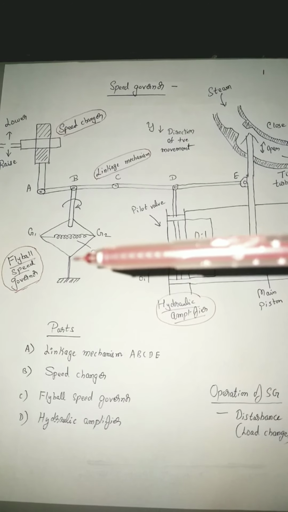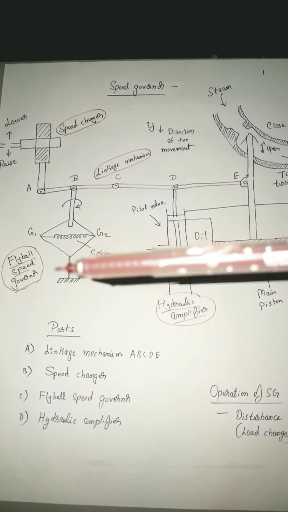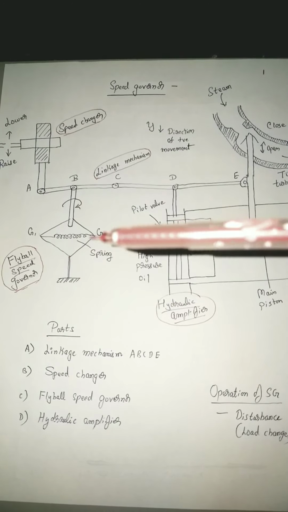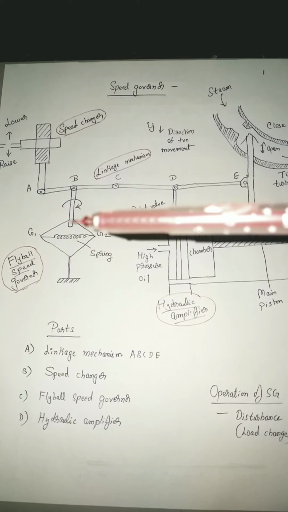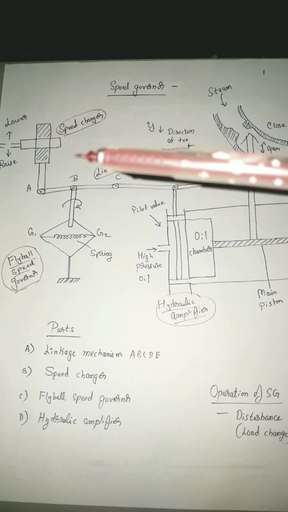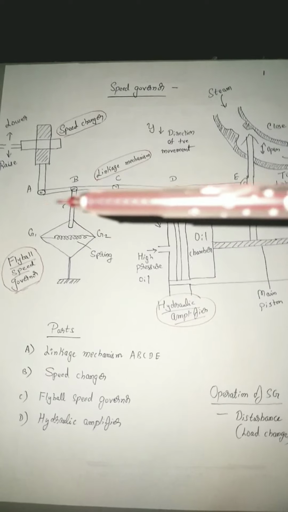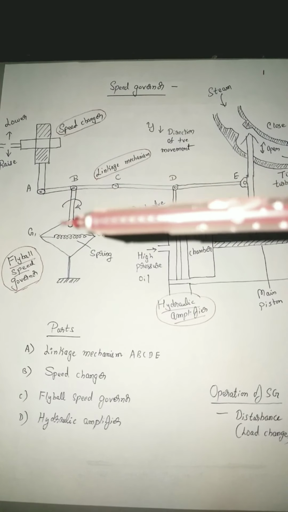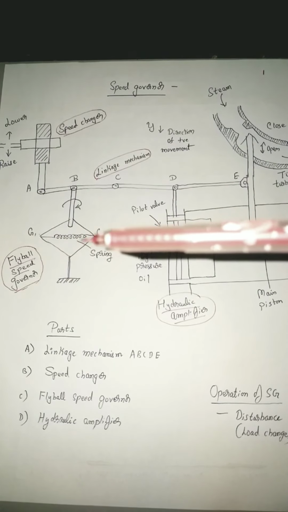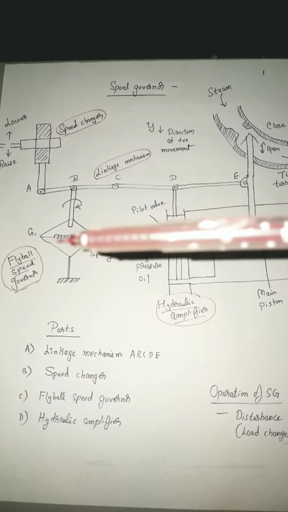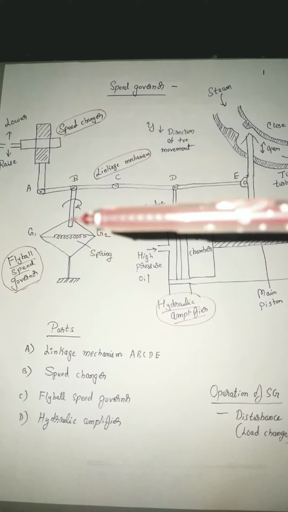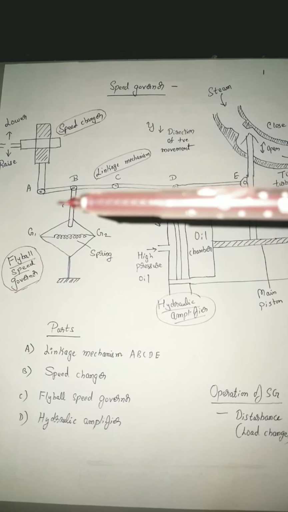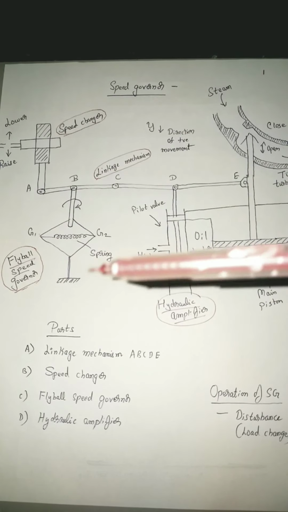On the other hand, whenever there is a decrease in the speed of the machine, the spring gets compressed, thereby pushing B upwards. So ultimately, when it comes to flyball speed governor, when the speed increases, G1 and G2 move outwards, and when the speed decreases, G1 and G2 get compressed, thereby resulting in movement of B. This is it with flyball speed governor.